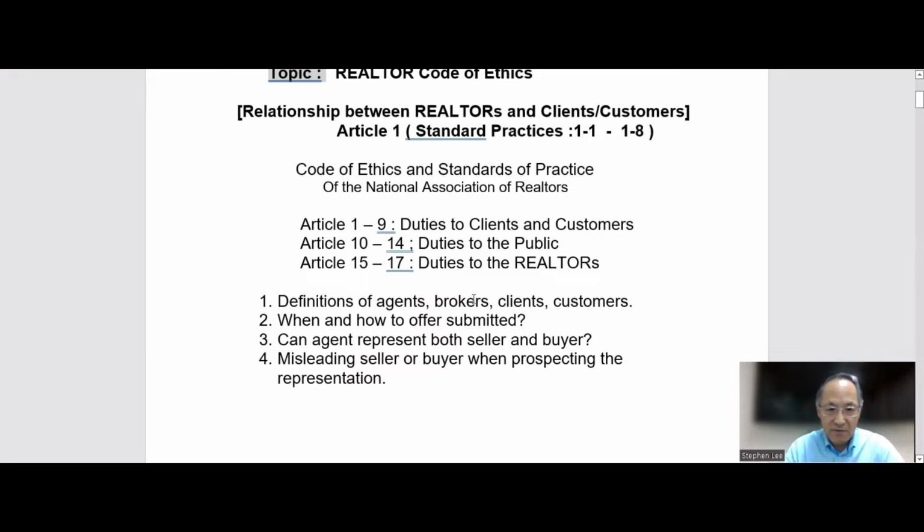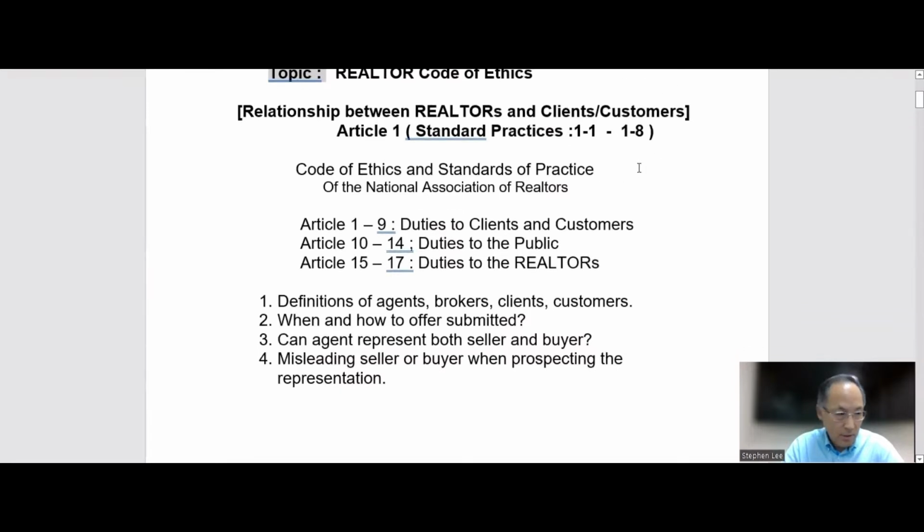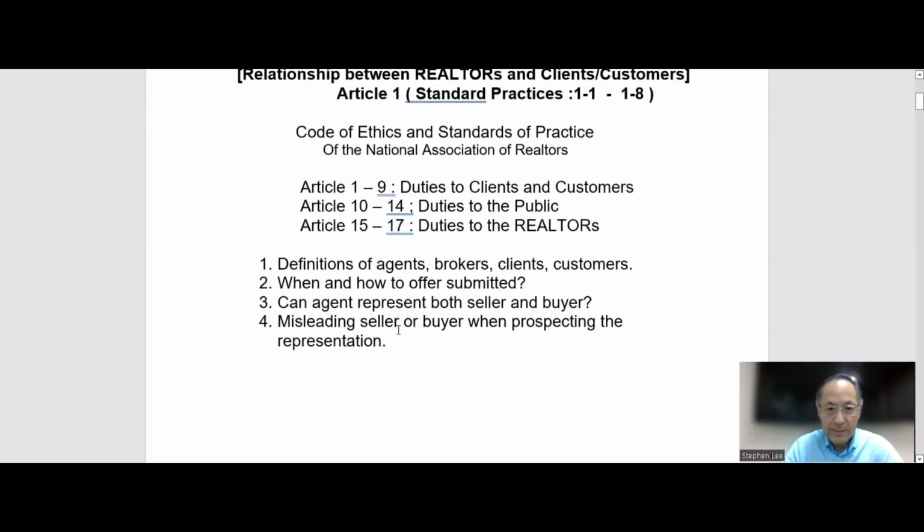And Articles 15 through 17, duties to the realtors. Today we want to cover Article 1, Standards of Practice 1-1 through 1-8. These cover mainly four points, four questions rather.